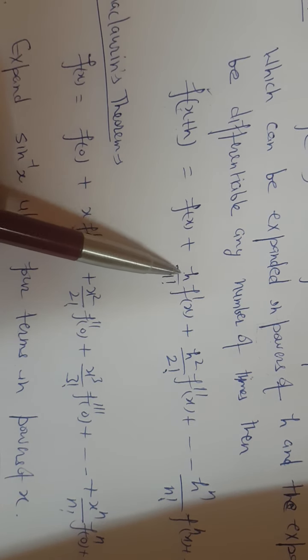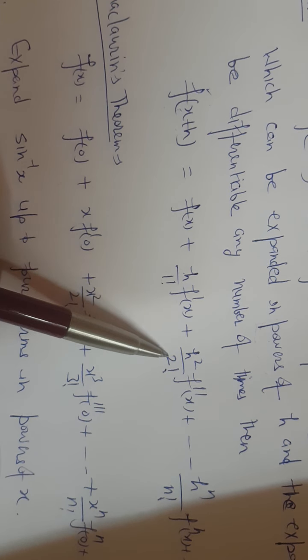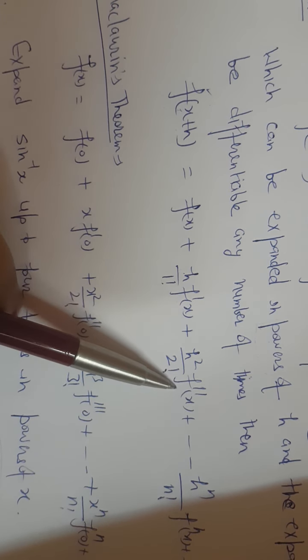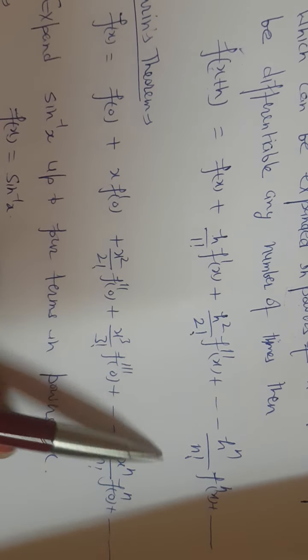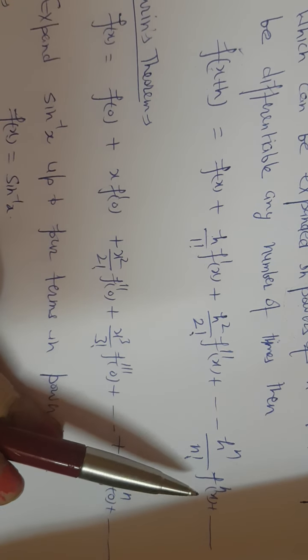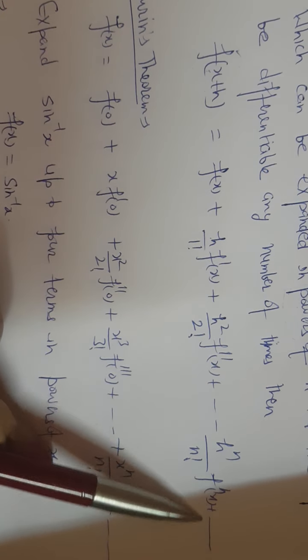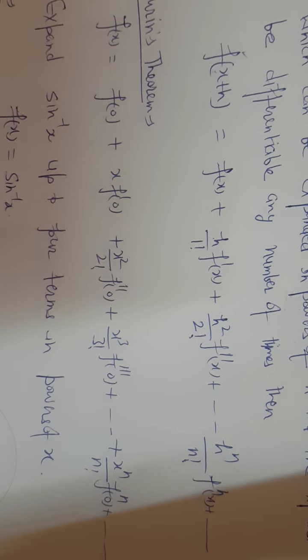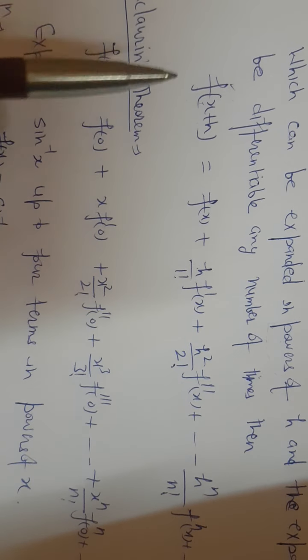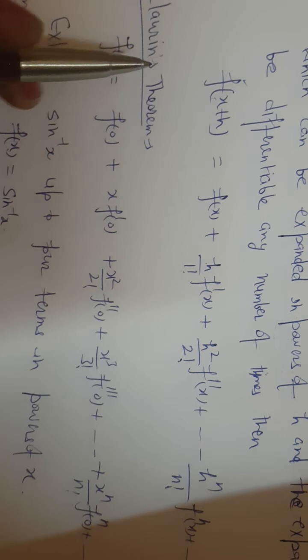In powers of h: h upon 1 factorial f dash x, plus h square upon 2 factorial f double dash x, plus and so on, h raised to power n upon n factorial f^n x. I am saying it is a Taylor series with an infinite number of terms, and you have done this for two variables.